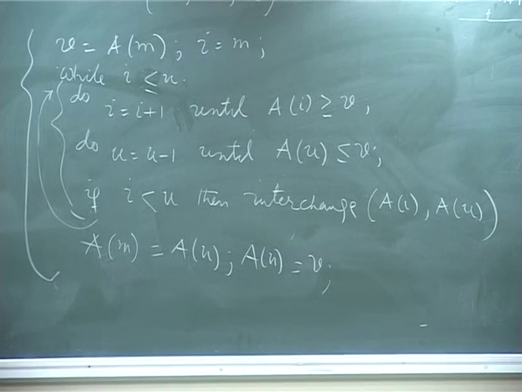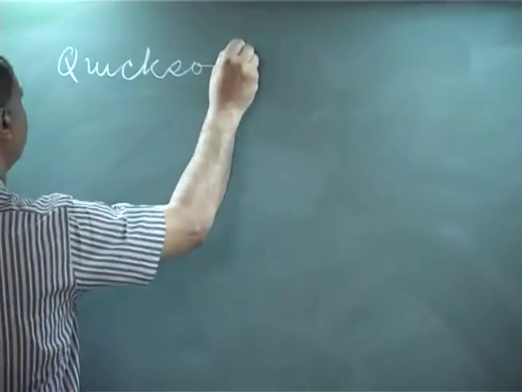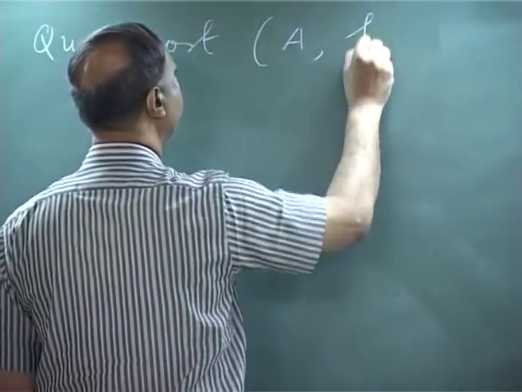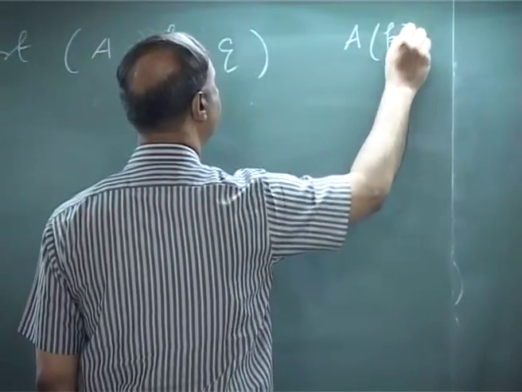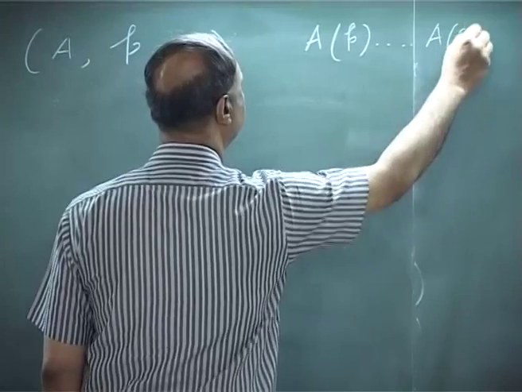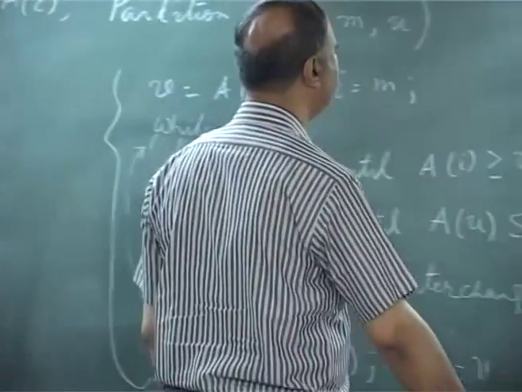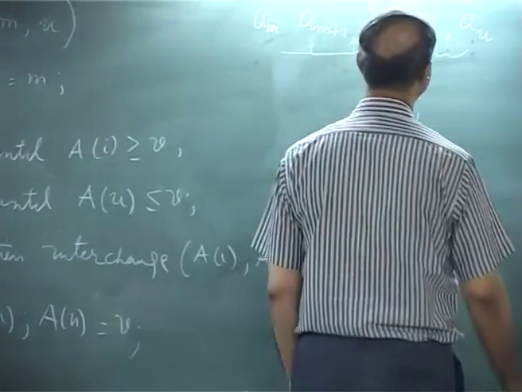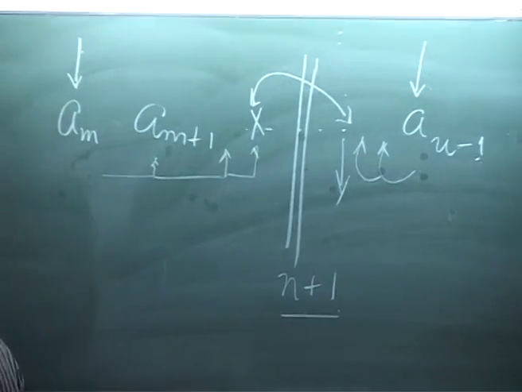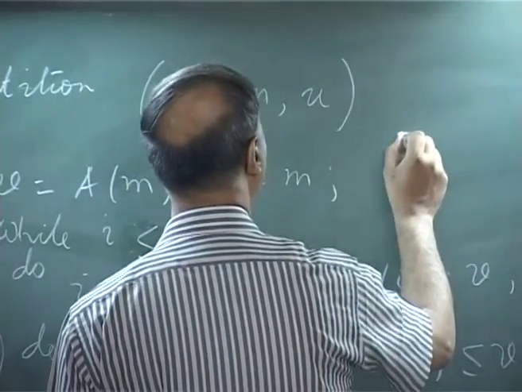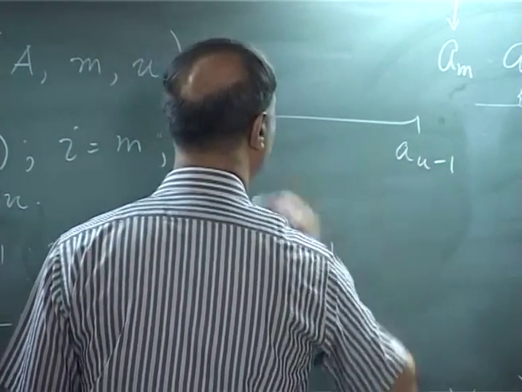Now, if I have to write the quicksort algorithm, you have quicksort A, P, Q, that is, we are looking to sort A[P] to A[Q]. One thing I forgot to mention: instead of U, it is U minus 1. That is, we are partitioning the sequence from A[M] to A[U minus 1].